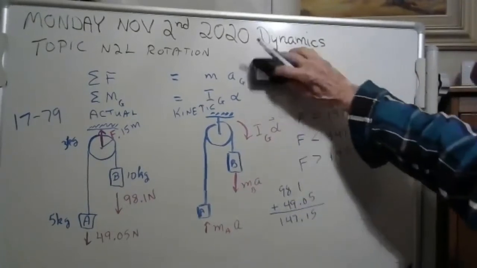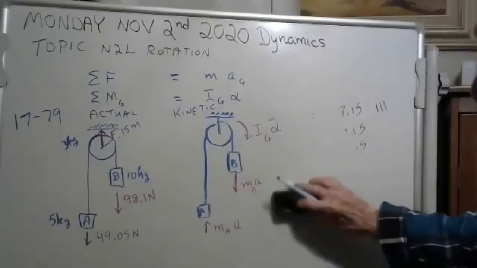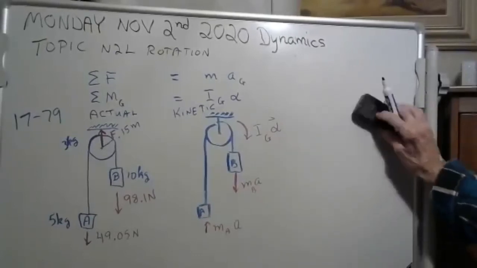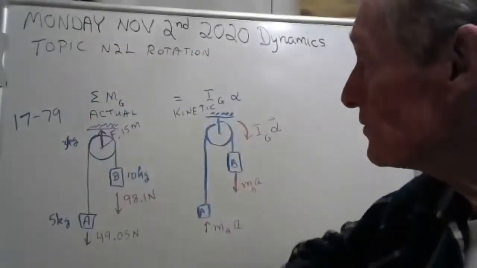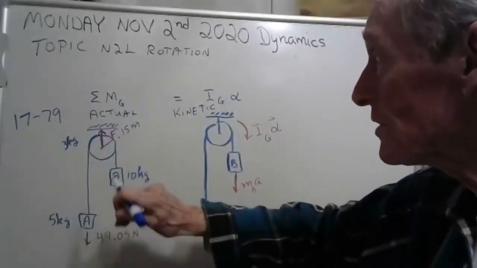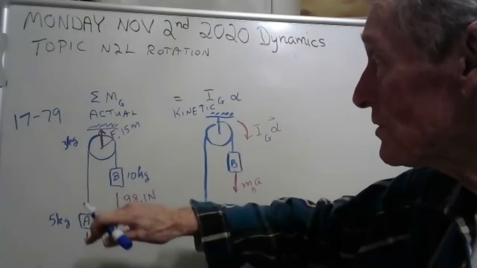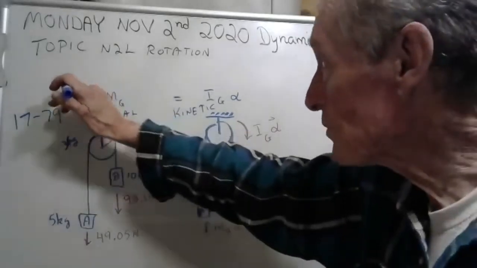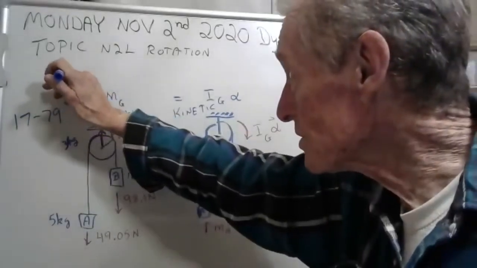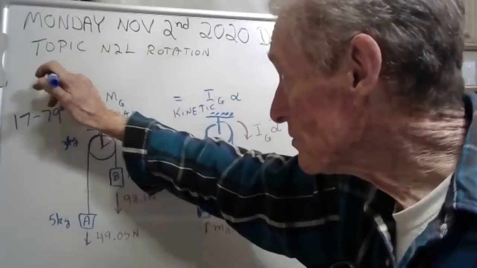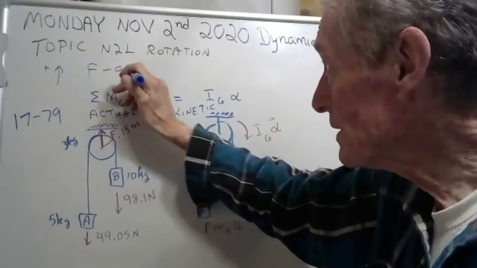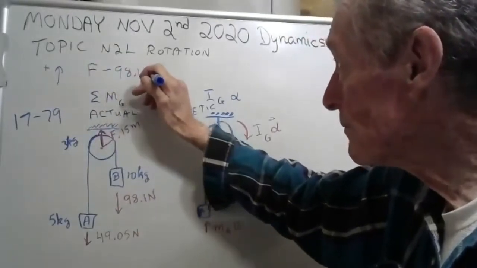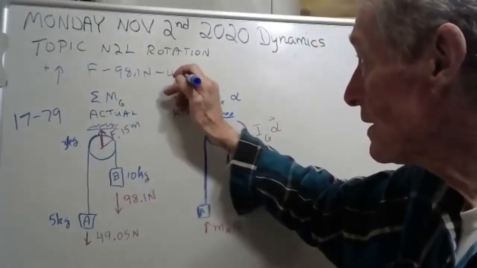My problem is room, guys. I don't have enough room. But if you write the sum of the forces equation, what you'll have is F is going up. We'll say up is plus. That's the traditional direction. We have F going up, minus 98.1 and minus 49.05.